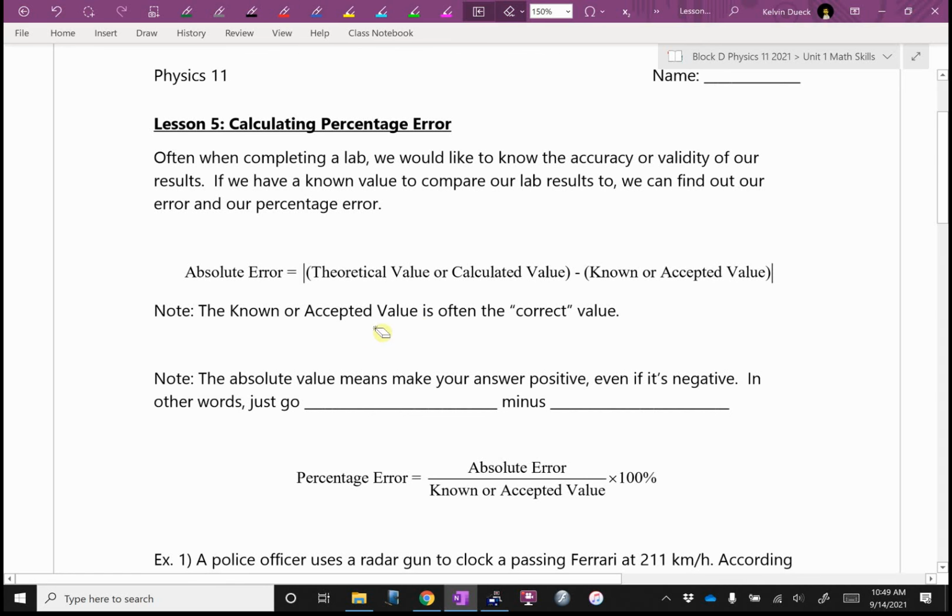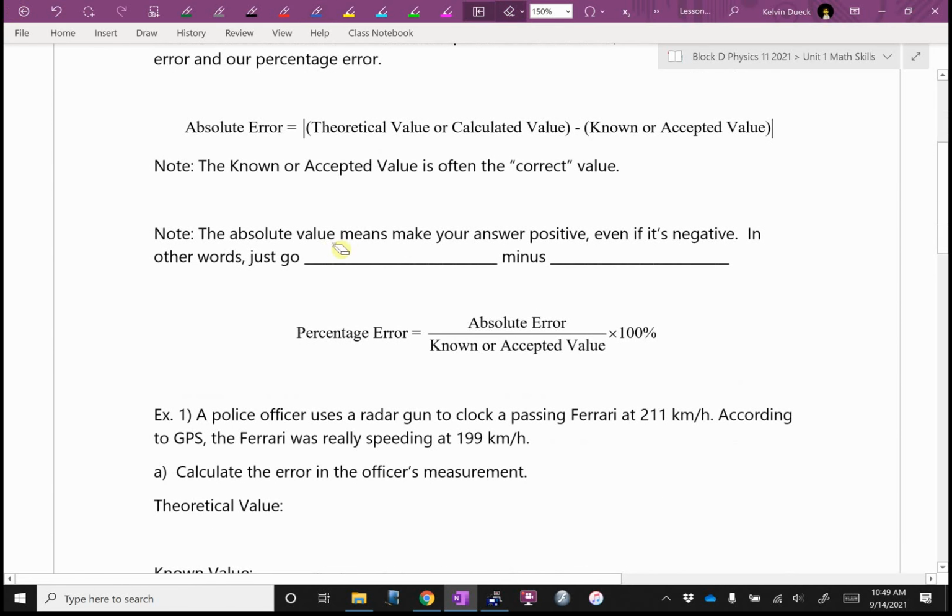The known or accepted value is often the correct value, the one you were supposed to get. Note, the absolute value means make your answer positive even if it's negative. In other words, just go bigger minus smaller.